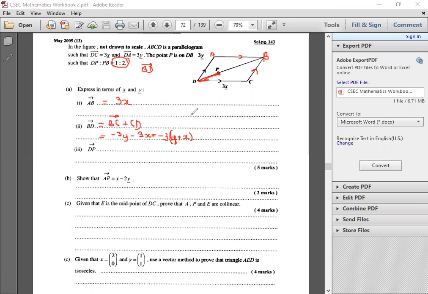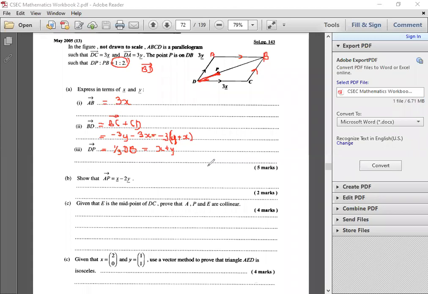So DP is equal to 1/3 of DB, and so this is equal to x plus y.